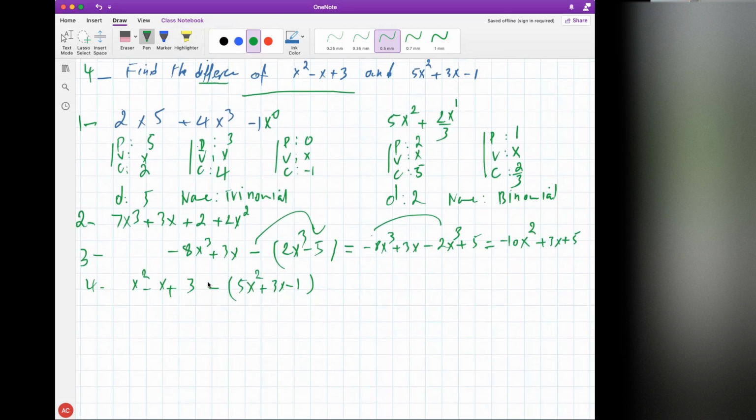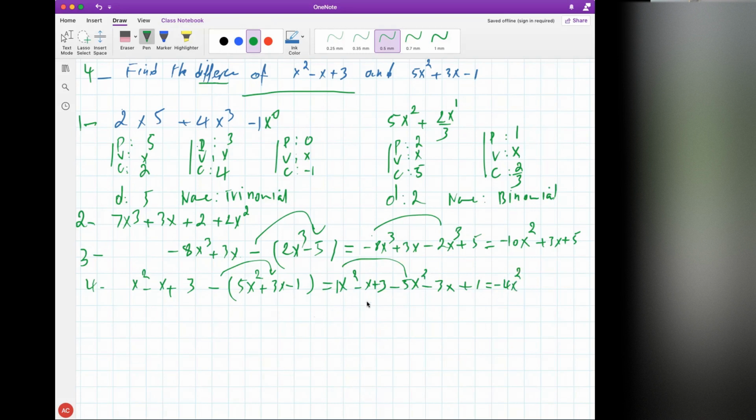Then once we set it up, we distribute first before combining like terms. So the first one stays the same. Distribute, so it's going to be -5x, so the second, minus 3x plus 1. So what do we combine here? Combine the like terms. -4x squared. That's right. So we have 1x to the second minus 5x, that's -4x to the second.